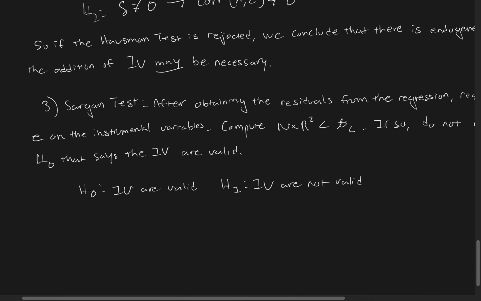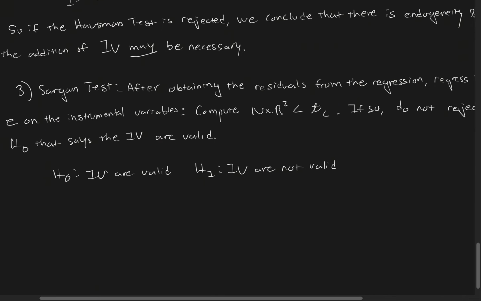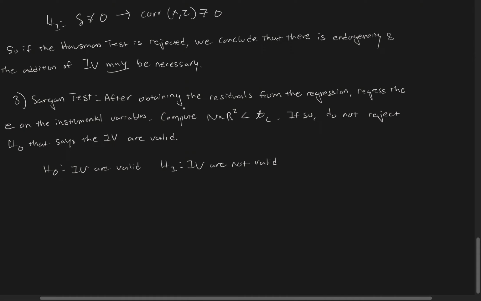And the reason why we say it may be necessary is because we have to go through one last test called the Sargan test. What that'll do is take the residuals from the regression and regress the error on the instrumental variables, similar to what we've seen before. Compute the sample size times the R squared, the goodness of fit, and then compare it to the critical value.